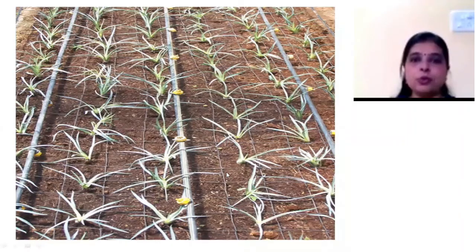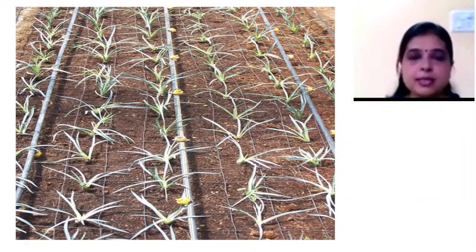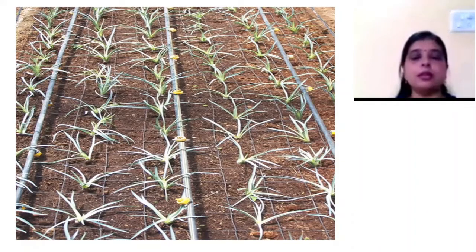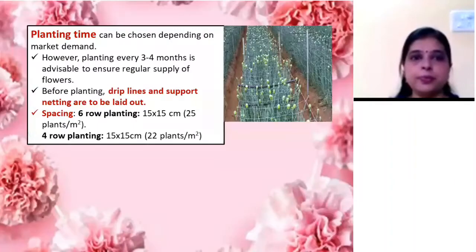Along with the drip irrigation system establishment, netting is also done. Netting is an important cultural practice that is followed in carnation, which I will be dealing with later on.